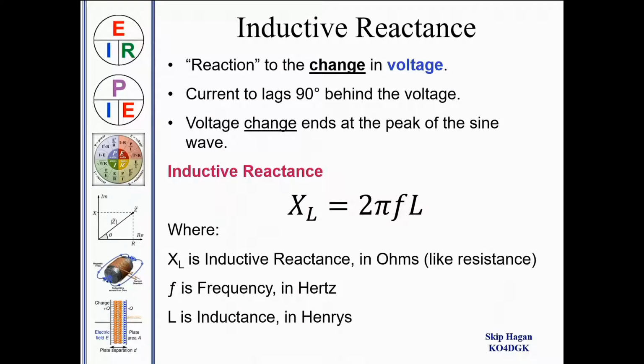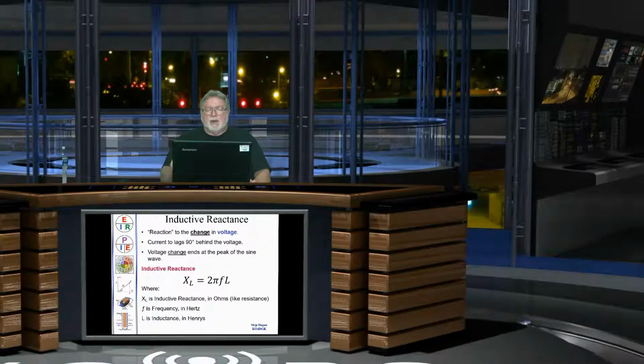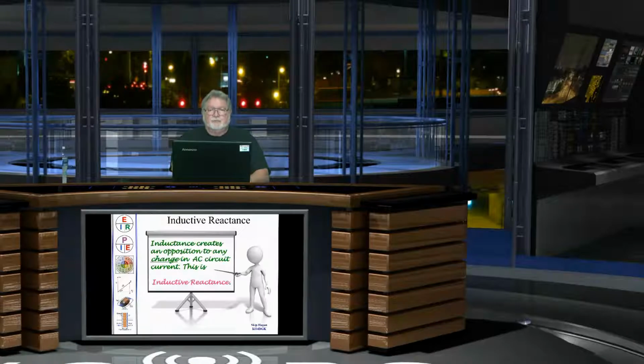And inductive reactance is directly proportional to any change in circuit frequency or inductance. So here we have a direct change. If frequency goes up, inductive reactance will go up. If the inductance goes down, inductive reactance will go down. So this is a direct relationship.